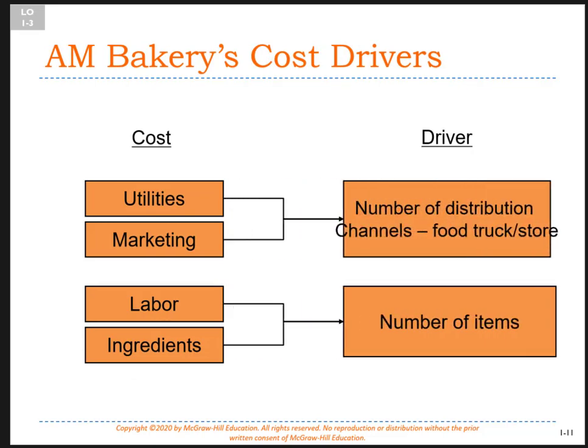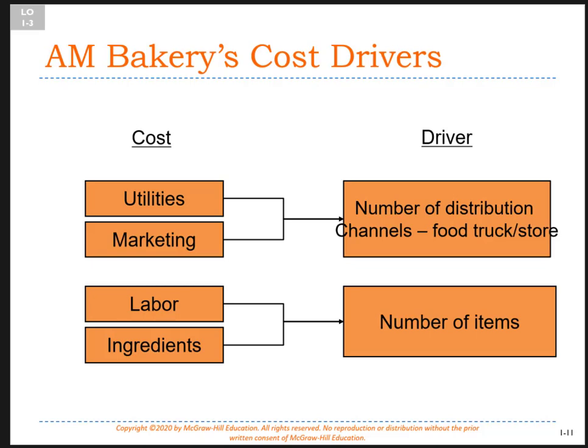All right, so as we look at our costs of running the bakery, there are certain things that are going to be higher if we have a second location, a mobile location in this case, but a second location.